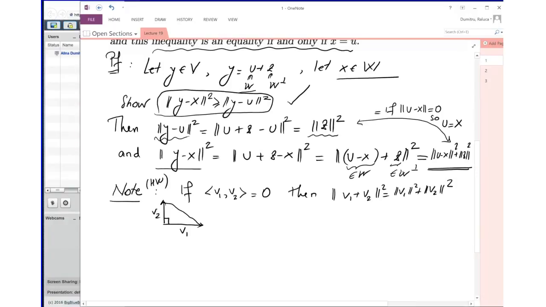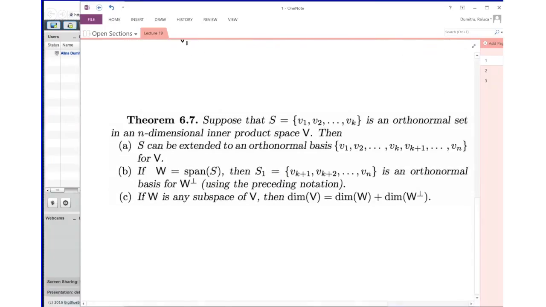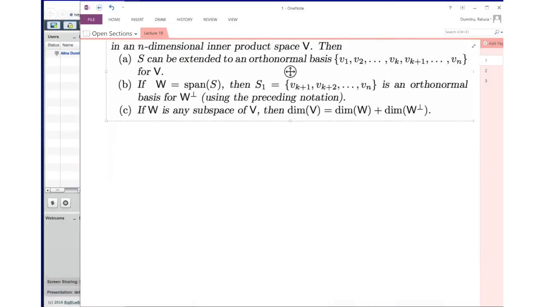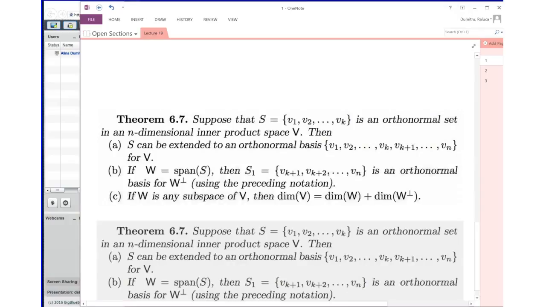Okay. So what I want to do next is to actually compute, numerically, an orthogonal projection. Let me get some space here.